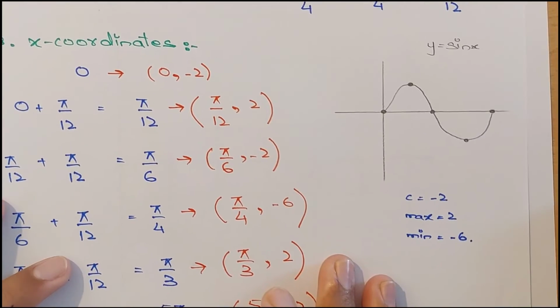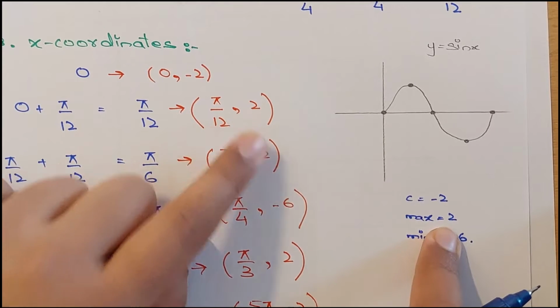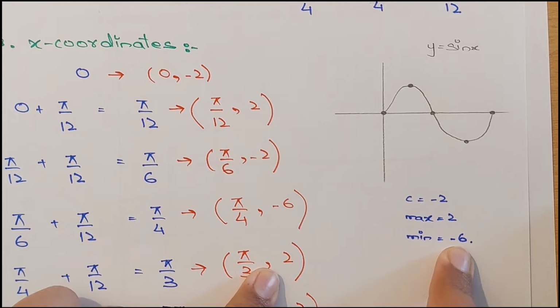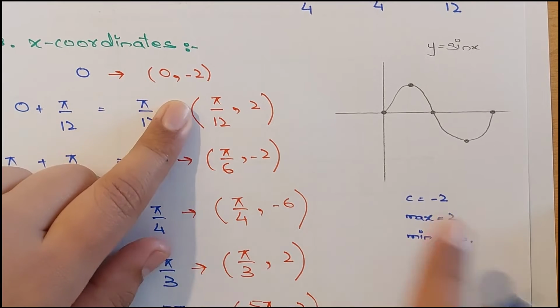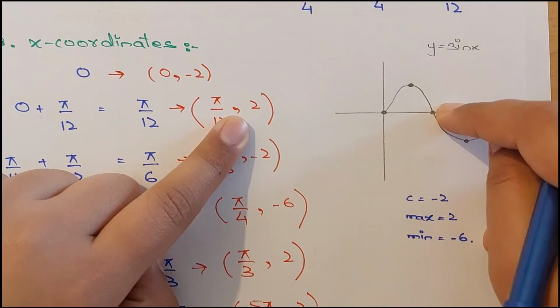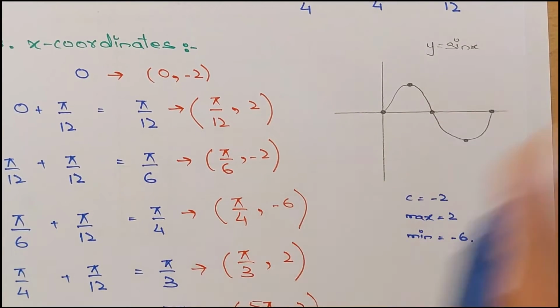Okay, let me double check again. So first we have the equation of x, and then the maximum point, and then the equation of x, and then the minimum, and then we have the equation of x, I guess. Yeah, this is -2. Okay, so the equation of x is the maximum 2, the equation of x is the minimum, and then the equation of x is -2.